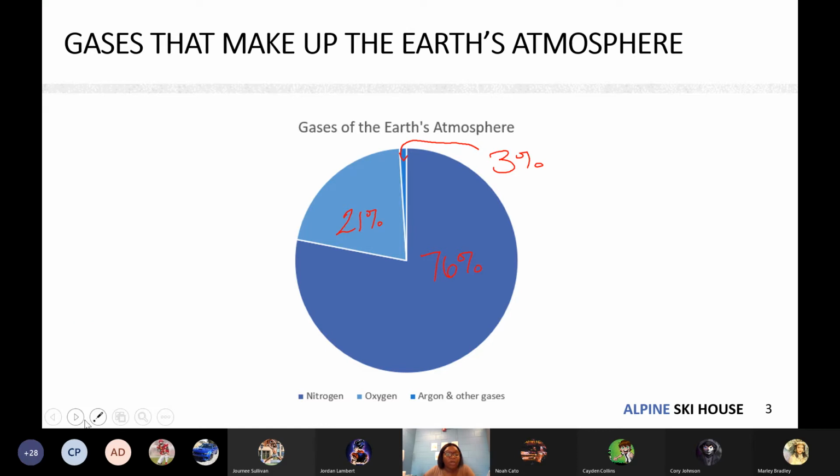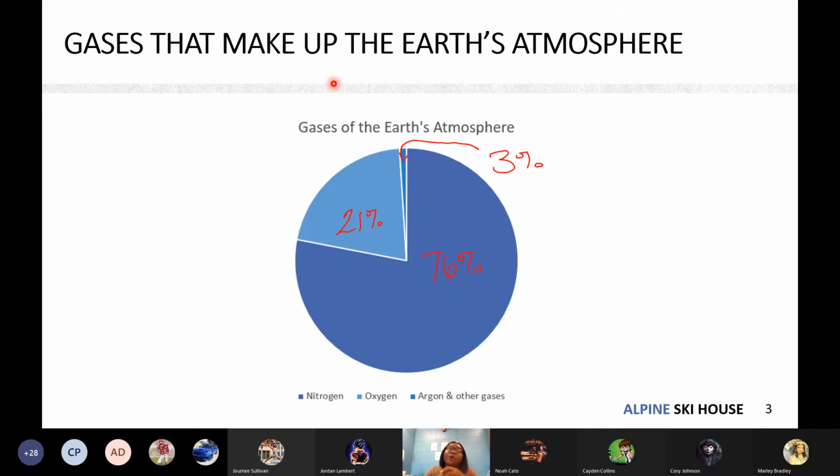So when we talk about our Earth's atmosphere, it's important for us to know that the layer of gases is extremely thin around our Earth. There's not much gas there, but those gases are very important. In fact, if they weren't there, we wouldn't be able to live and breathe and grow and develop.